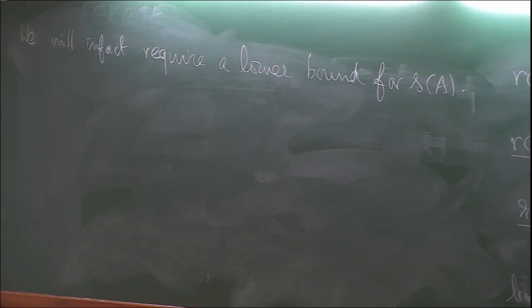If you choose this family correctly, you will be able to obtain a lower bound just because you've chosen the right auxiliary family.